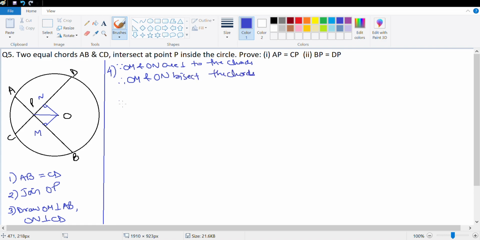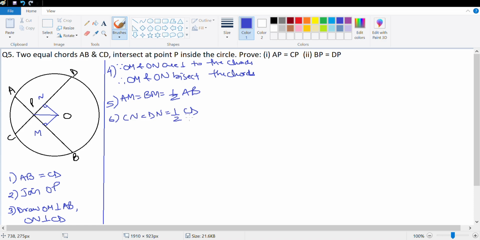So they bisect it. So what I get therefore is AM is equal to BM and CN is equal to DN. Let me also write the relation with AB. This is equal to half of AB, and I get CN is equal to DN is equal to half of CD.